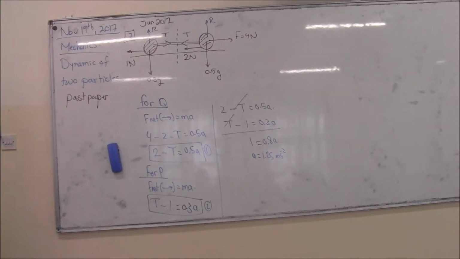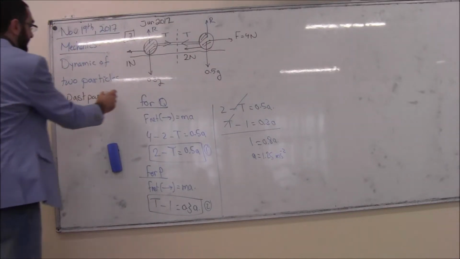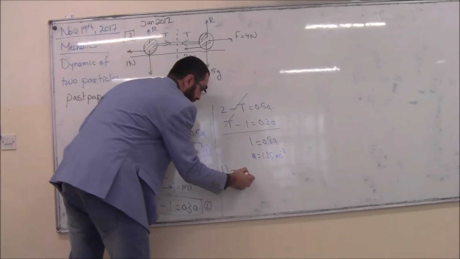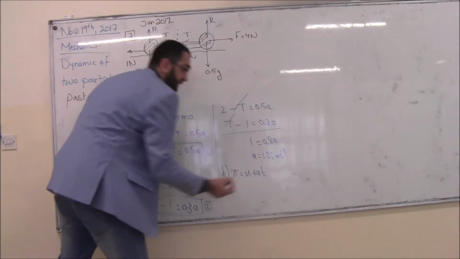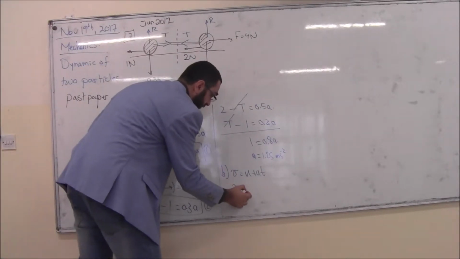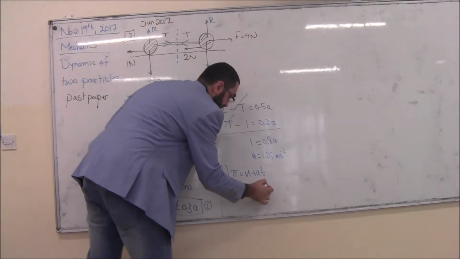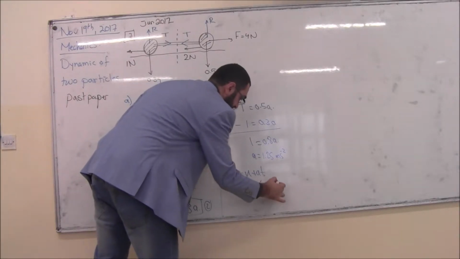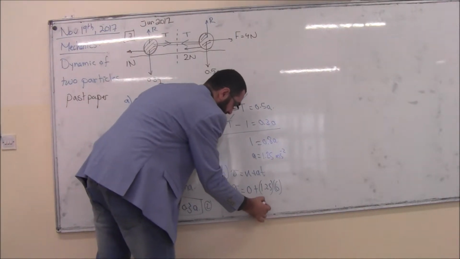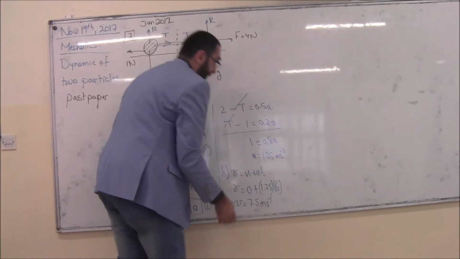What we are asked to find is the speed of the particle at t equals 6. Using V equals U plus AT, U is 0, A is 1.25, T is 6, so this would be 7.5 meters per second.